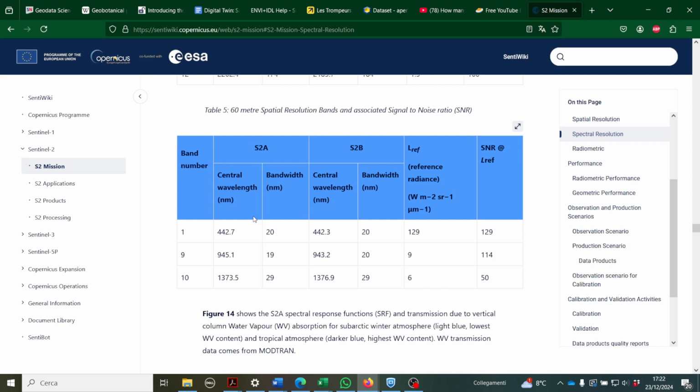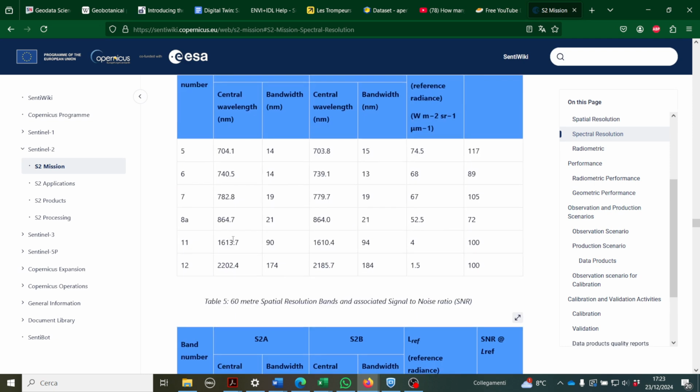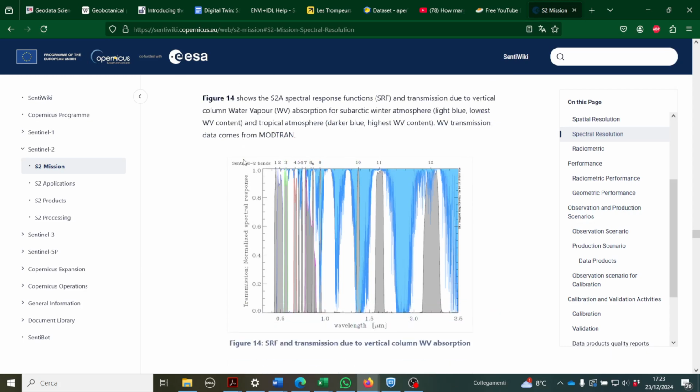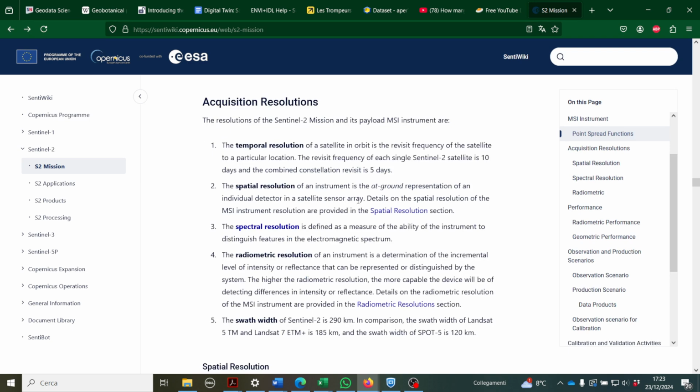The band number 1 is the first one taking into account the wavelength: 0.44 microns, while band number 2 is 0.49, band number 3 is 0.55, and the last one, band 12, is 2.20 microns. So the numbering is coherent with the wavelengths.